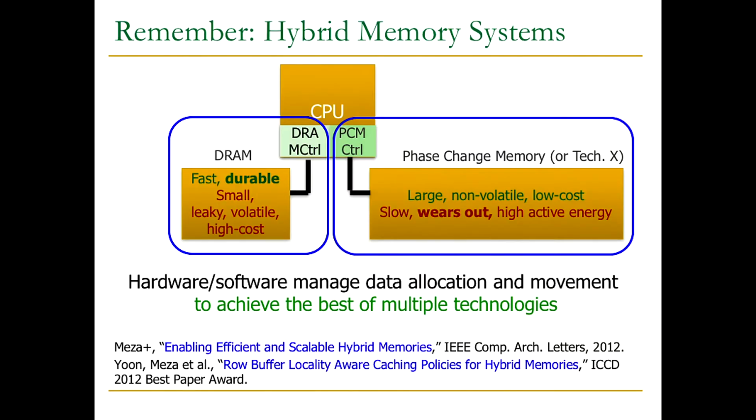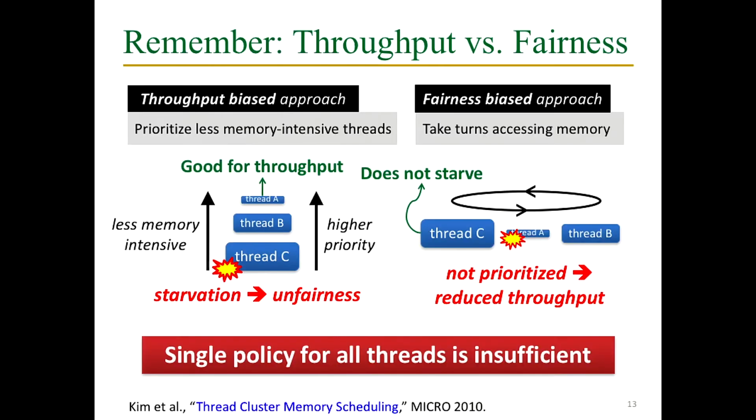We've seen this, hybrid memory systems, that's heterogeneity to get the best of multiple worlds. You want to put different types of technologies together and manage them somehow. So there's always a management overhead that comes with heterogeneity. We will talk about advantages and disadvantages. But you've also seen that, right? Throughput versus fairness, trying to optimize for different metrics. You cannot get the best of both worlds with a single policy, as we've discussed in an earlier lecture.